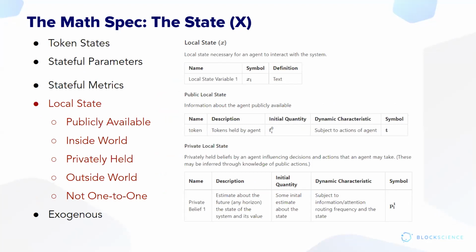There are these four ideas: things that are publicly available, whether the local state is actually part of the system itself, inside the system, whether the information is privately held, and whether it's outside. And they are not all the same. We might first think that if it's publicly available information, it's part of the system itself, and if it's private, it's outside. And that isn't actually always the case.